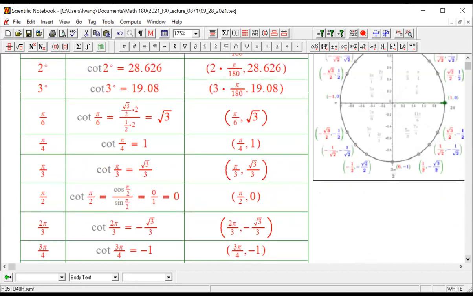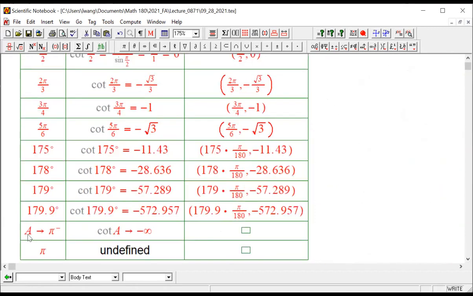When angles approach pi, never equal to pi, but approach pi from smaller than pi, infinitely close to pi, cotangent approaches negative infinity.